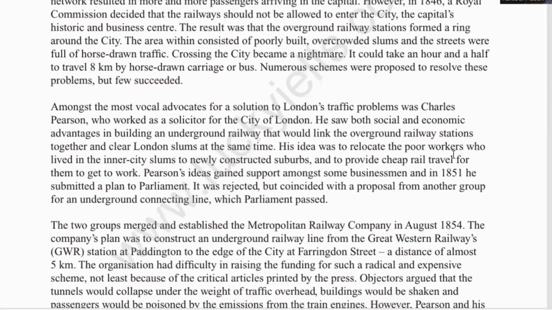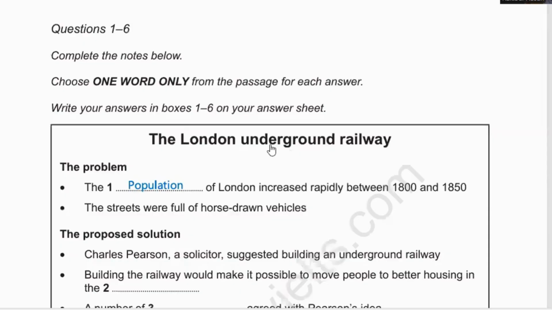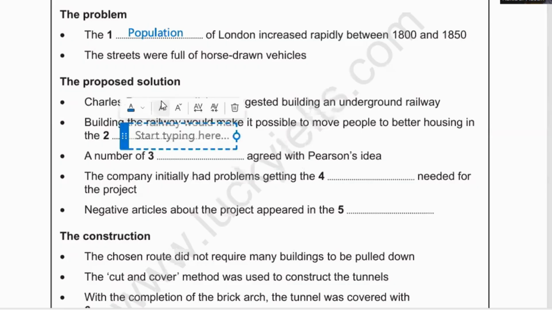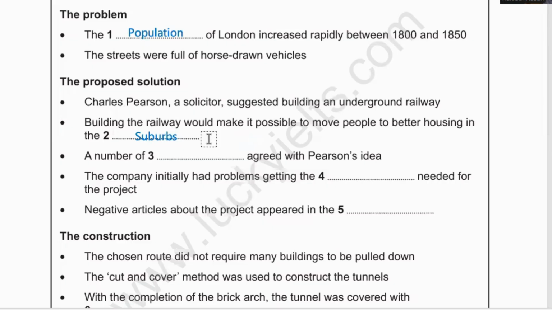People means the poor workers. Housing to the newly constructed suburbs. So what would be the answer for this? The answer is housing in suburbs. Suburbs. So we got the second one as well.